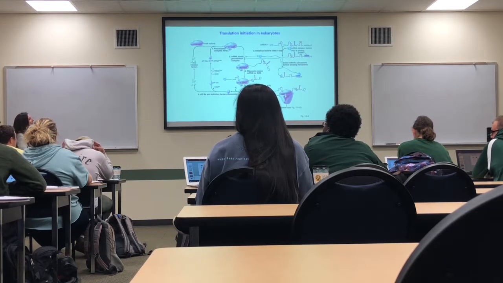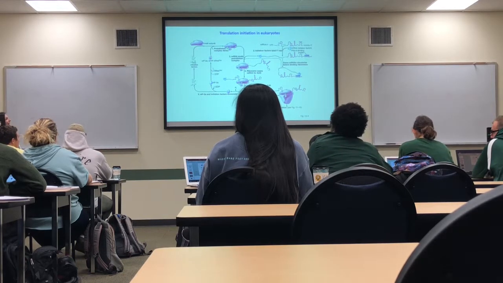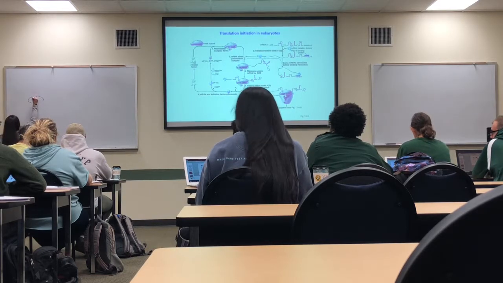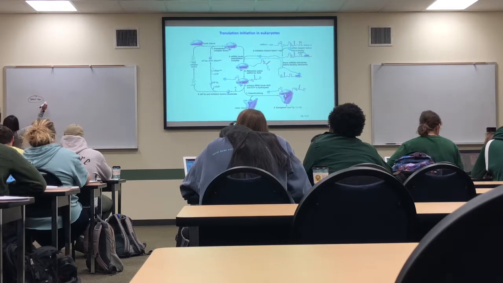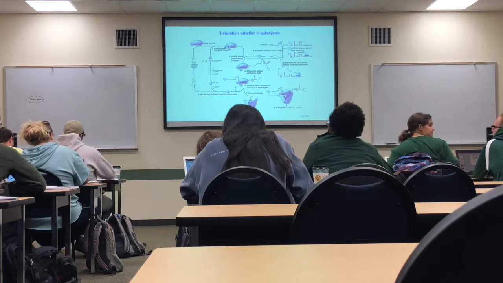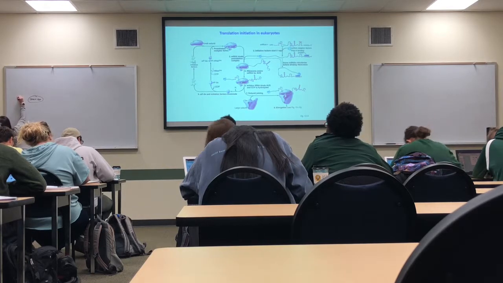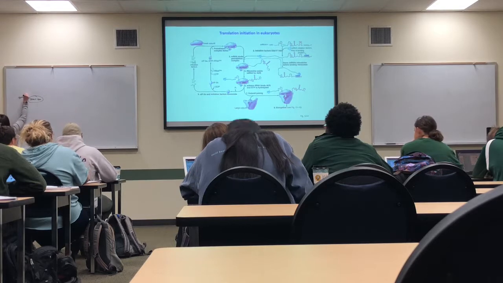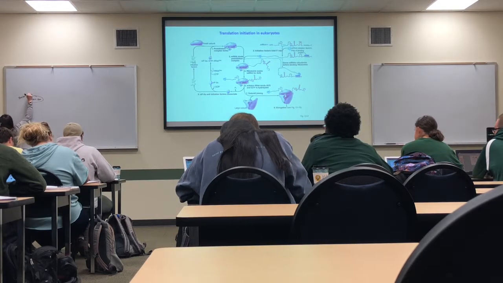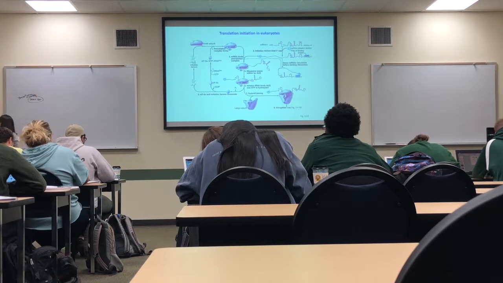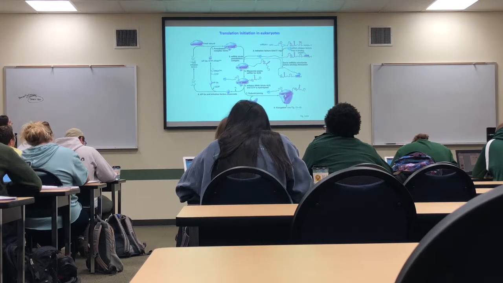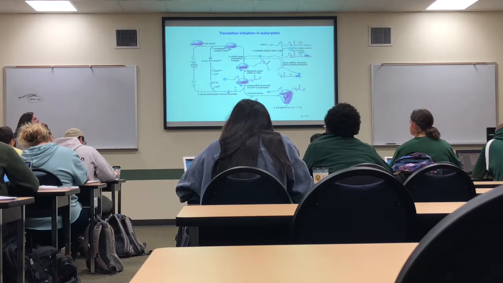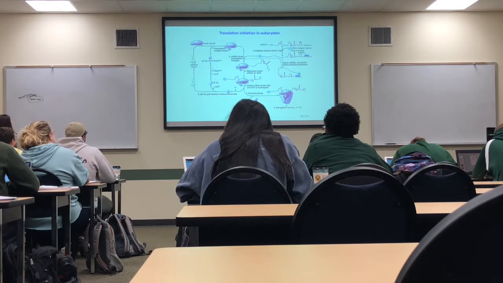All right, here we go. On our small ribosomal subunit, we have a whole bunch of pre-initiation complexes that form. In order for this to happen, two big things join the party.